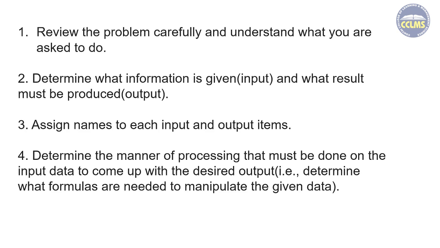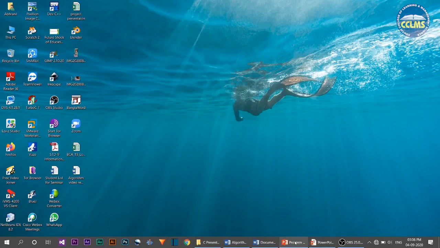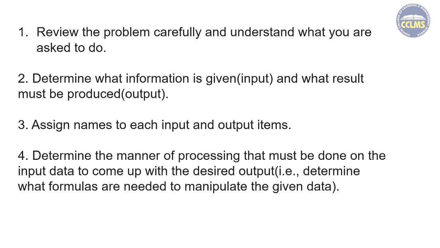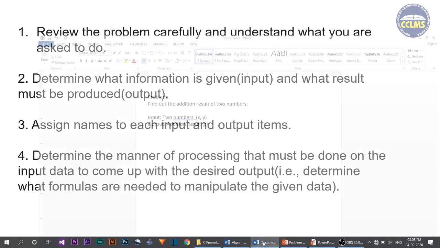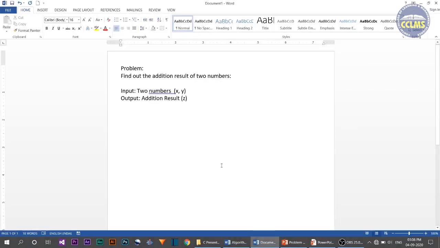If we write z equal to x plus y, then we can easily find the addition result. So our formula will be z equal to x plus y. This is our processing.